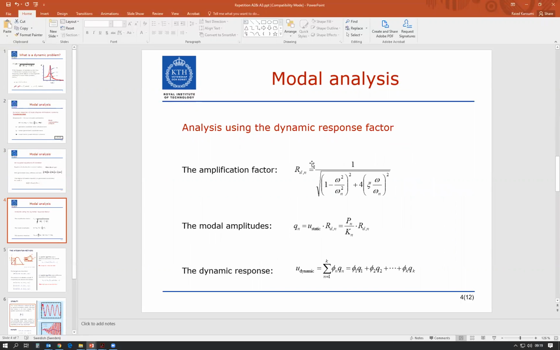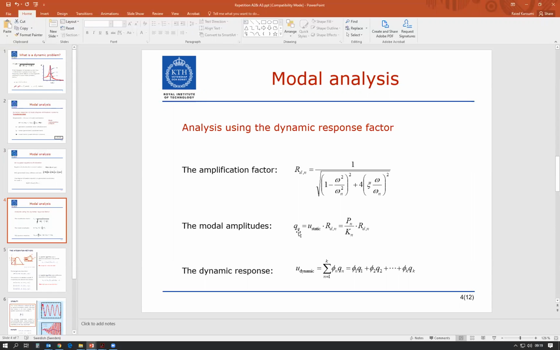So one way of solving this in the modal analysis is, for each mode shape and each mode frequency, for example omega n, we can calculate a dynamic factor. And then we can calculate the modal amplitude by simply taking the static value, which is the modal force divided by the modal stiffness, and magnify this with the dynamic factor for this mode.